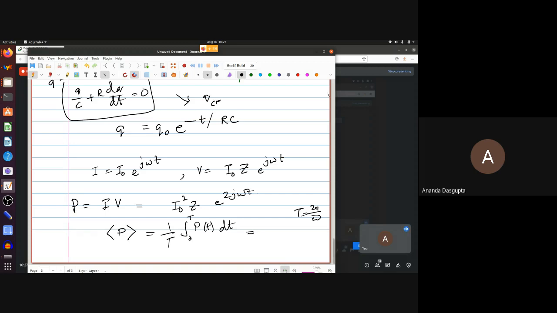Now, if you were to calculate this quantity, you're going to get 0. It is about e to the 2j omega t.